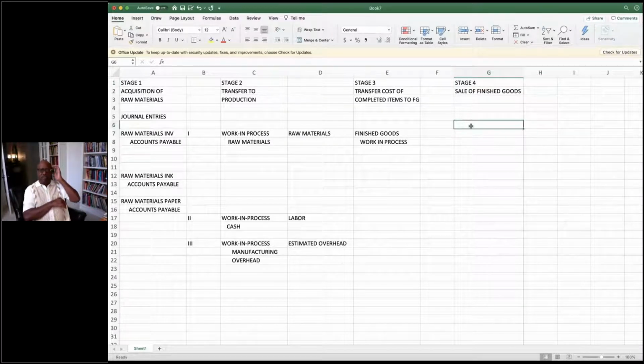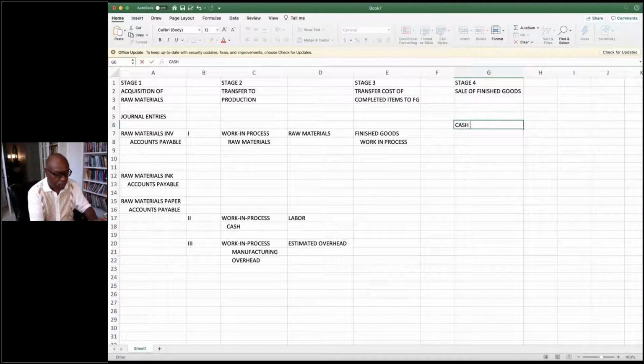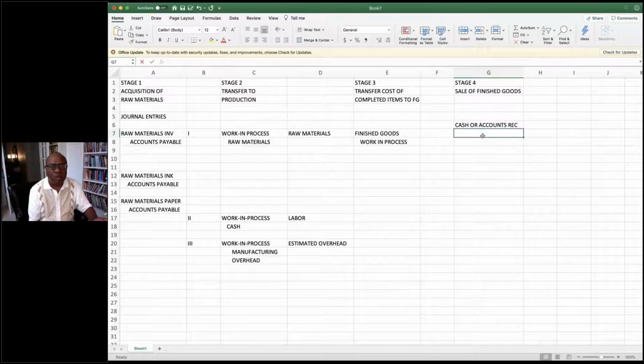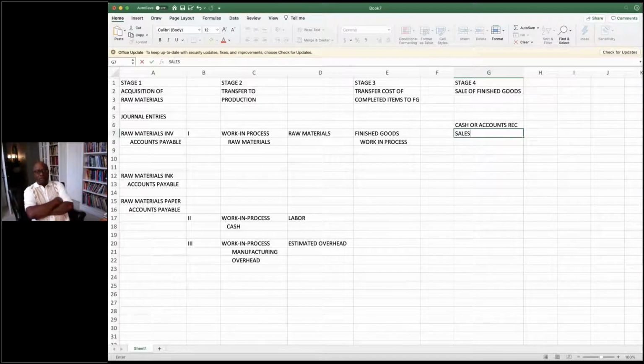Let's look at our journal entries when we sell the item. We're going to debit cash, or what else are we going to debit? Accounts receivable. We're going to credit sales. And you all should be familiar with that entry, right?